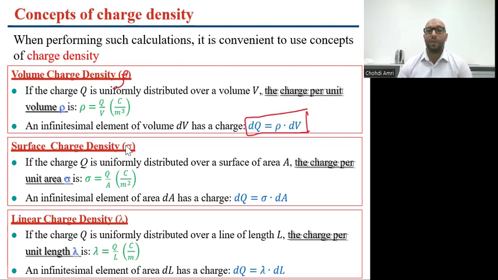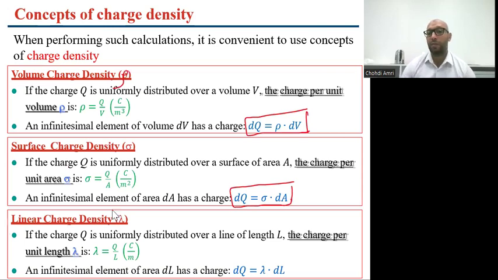Let's talk about the surface charge distribution, sigma. If the charge Q is uniformly distributed over a surface with an area A, the charge per unit area, sigma, is given by sigma equals Q divided by A. For an infinitesimal element of area dA, the charge dq will be equal to sigma multiplied by dA.